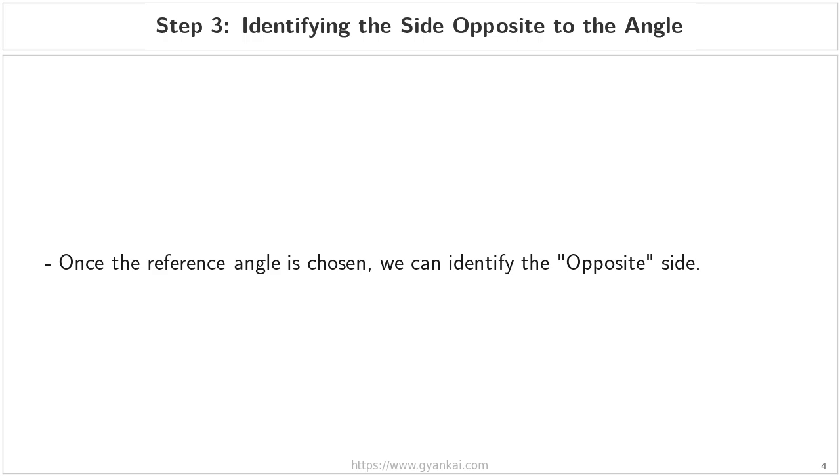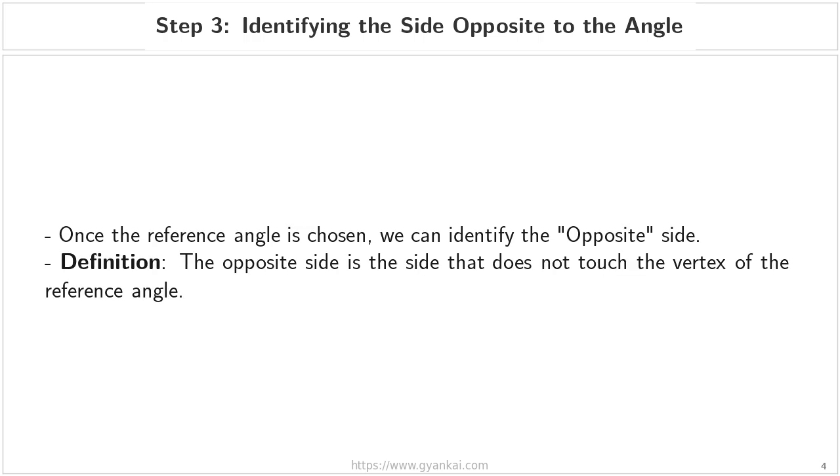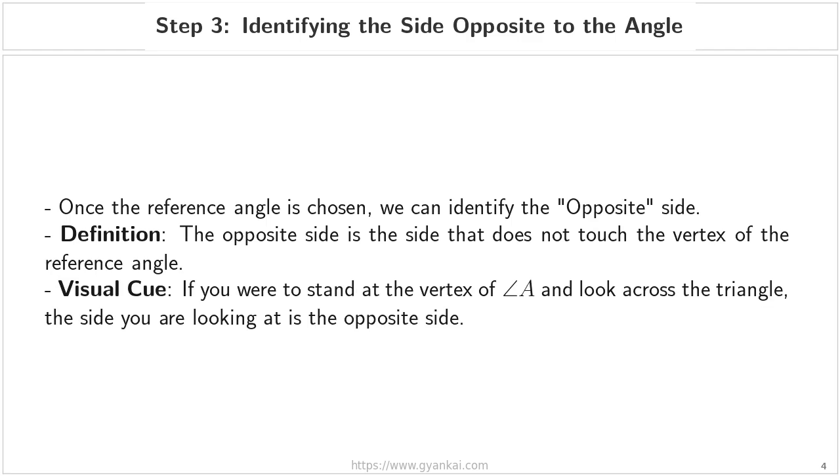Identifying the opposite side. By definition, the opposite side is the side that does not touch the vertex of our chosen reference angle. To make this easier to visualize, I want you to use a simple visual cue. Imagine you are standing right at the vertex of angle A, looking across the triangle. The side that you are looking directly at, the side that faces you from across the triangle, is your opposite side.